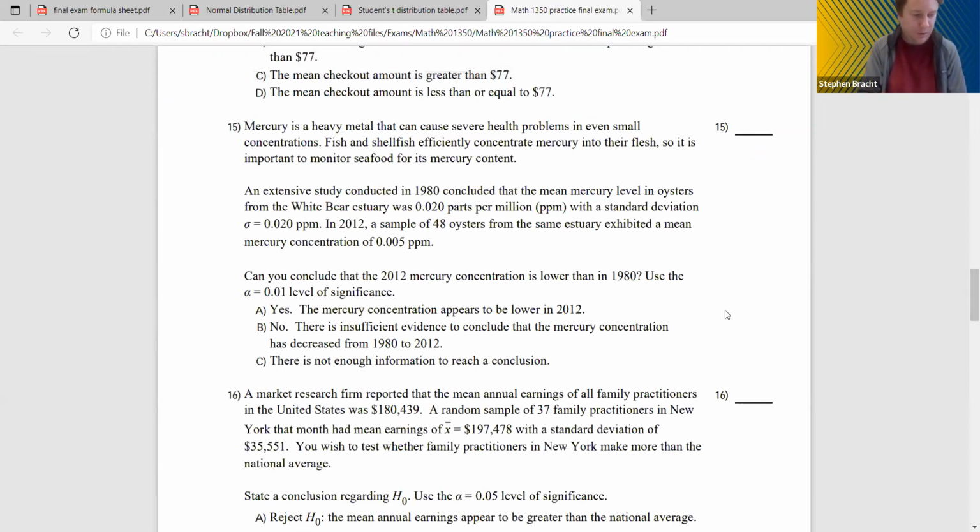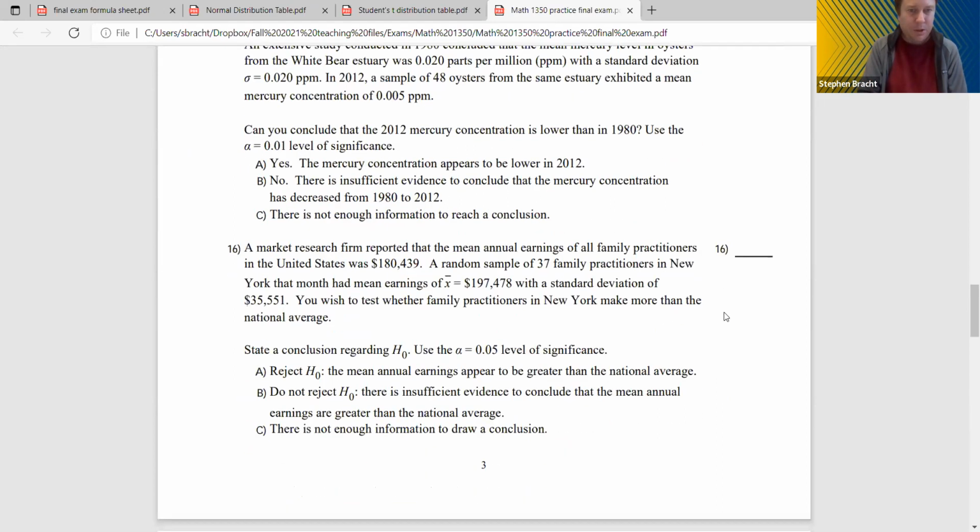Okay. All right. Let's come down to 16. A market research firm reported that the mean annual earnings of all family practitioners in the United States was $180,439. A random sample of 37 family practitioners in New York that month had a sample mean earnings of $197,478 with a standard deviation of 35,551.